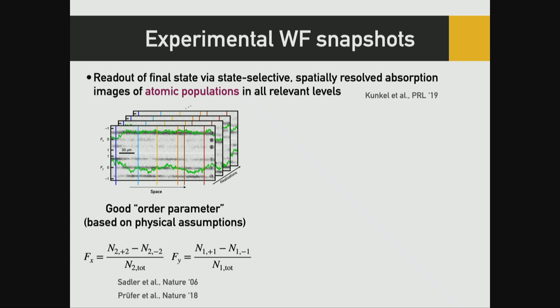Now, there is, of course, a lot of work on this type of systems, and it's understood based on physical, heuristic arguments, that a good quantity to describe these condensates is what is known as the transverse spin of the condensate. And it can be shown that this can be computed from those measurements by taking the imbalance of different populations, as shown here.